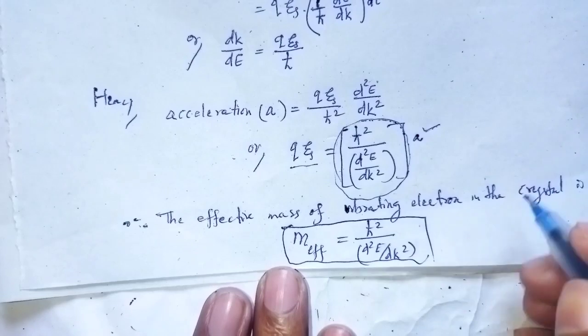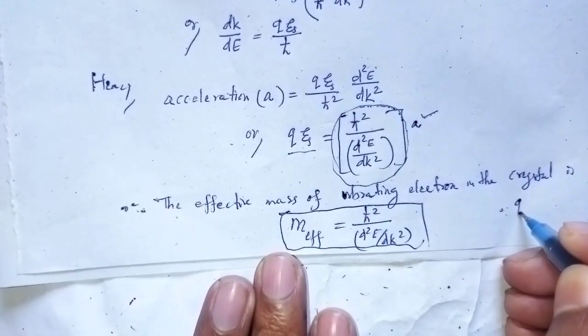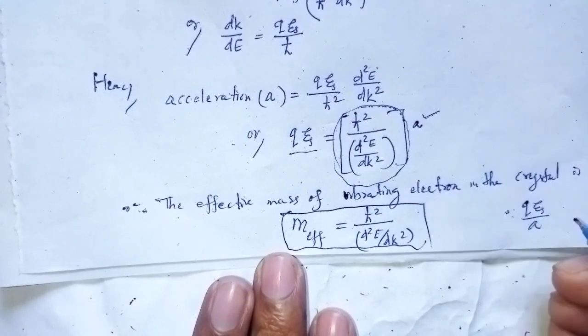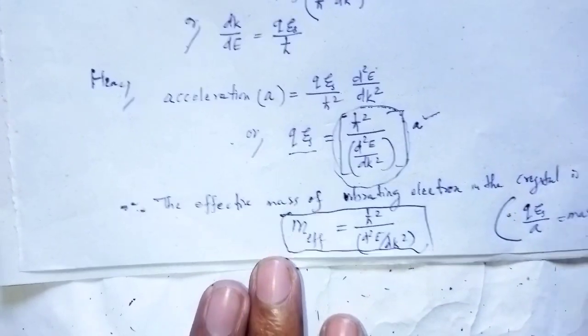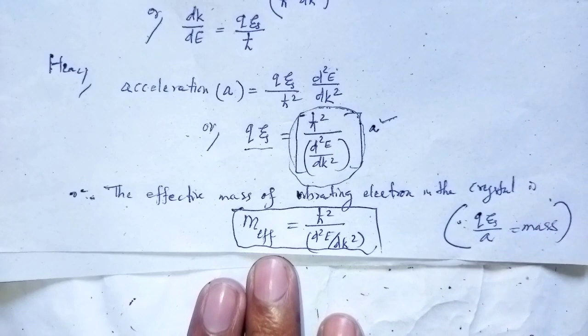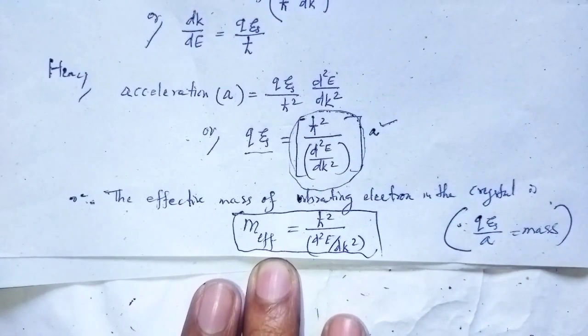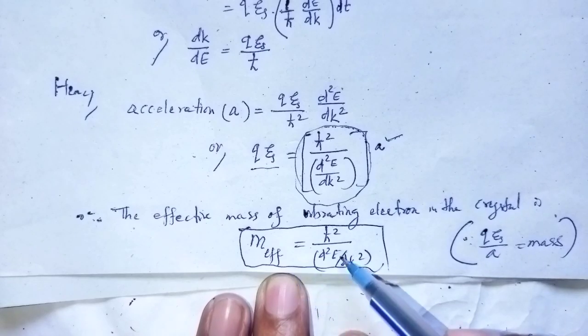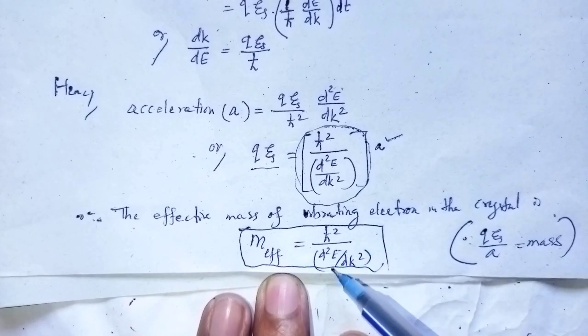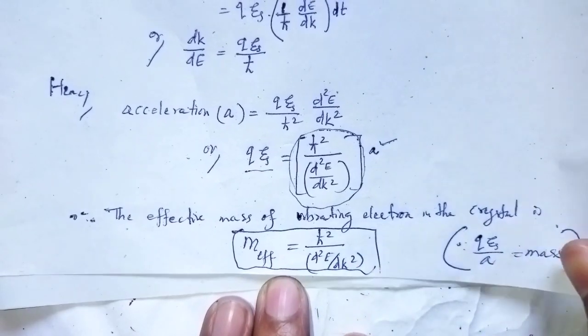Whereas q zeta divided by a is nothing but mass, force by acceleration, which is the expression for mass, and the effective mass of an electron in a crystal is inversely proportional to d square E by dk square.